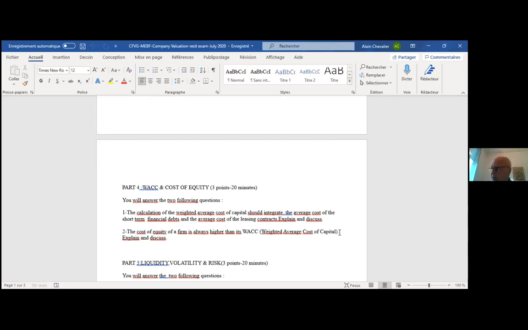If the shareholders require a higher return than the banks or the markets for bonds, it's due to the fact that the risk of a shareholder is higher than the risk of a lender. So the total cost of equity is always higher than the average cost of debt because of the risk level, which is different for a shareholder and for a lender.